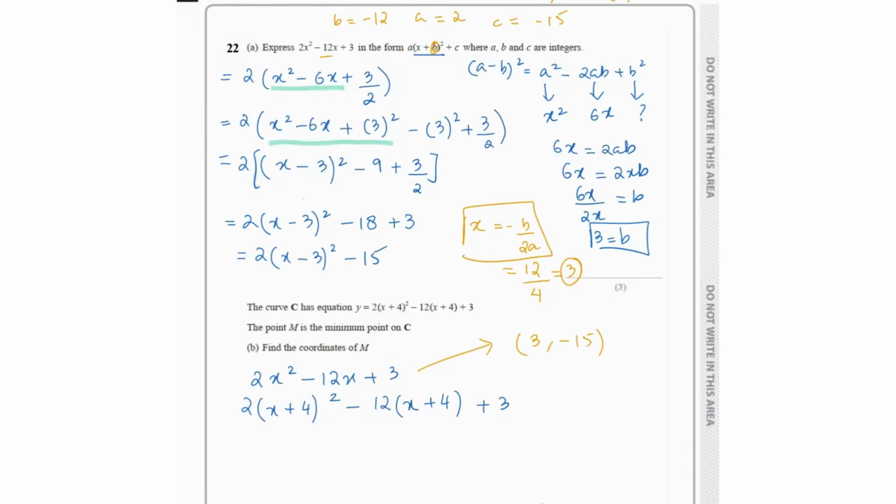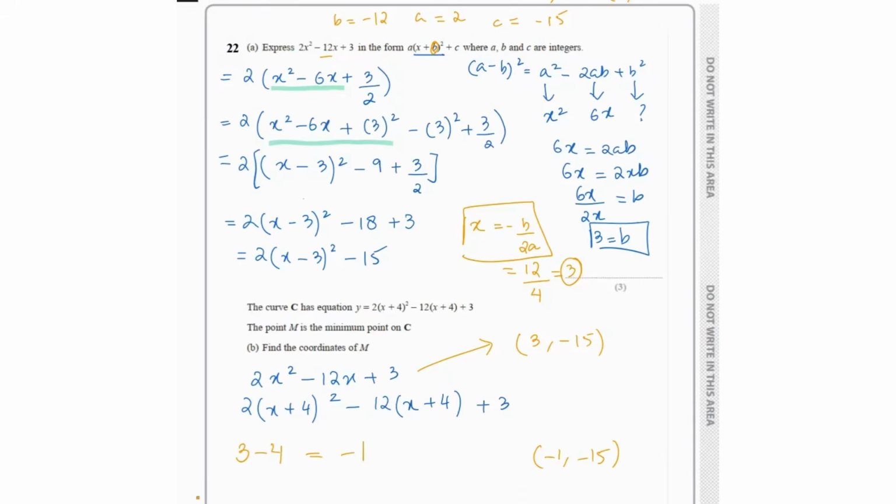So whenever something is being directly added to x, you move that many units to the left. Which means it's going to be 3 minus 4. We're going 4 to the left, which gives us negative 1. And for negative 15, nothing is happening to the graph vertically. There's only a horizontal translation. So only the x coordinate will change. That's negative 1, negative 15.